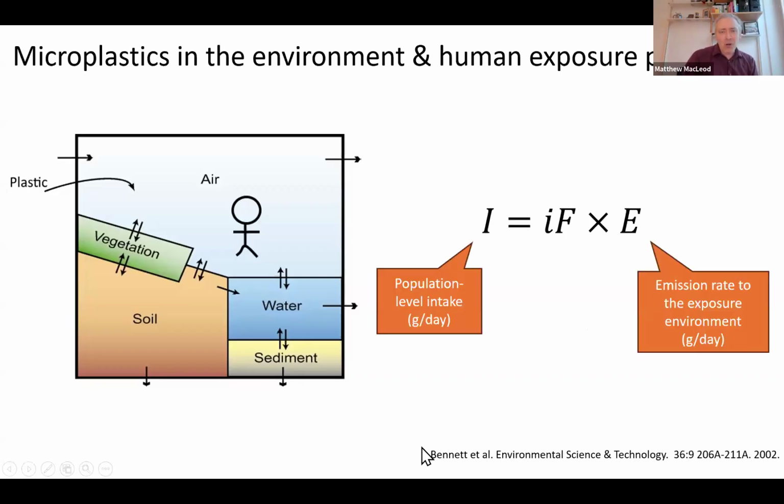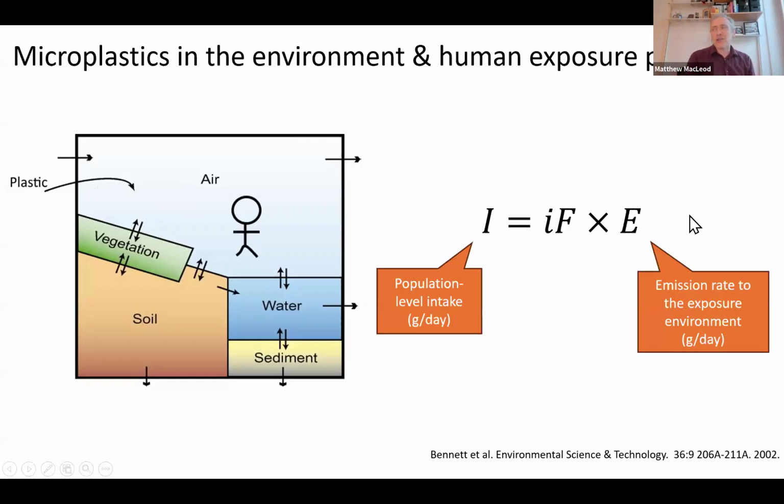And one of the things that Tom worked on back then was formalizing how we think about intake by a population living in an exposure environment into really simple equations that give the boundary conditions for why this happens. And they wrote this nice paper in Environmental Science and Technology that argued that a good way to think about this is that intake at the population level is just directly proportional to emissions of a pollutant into that exposure environment.